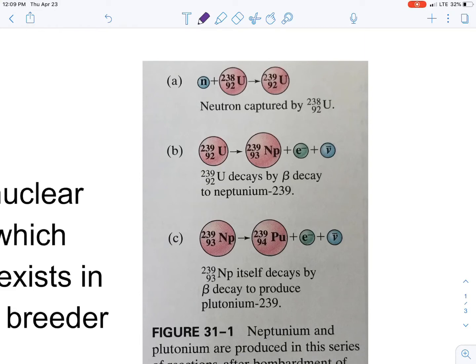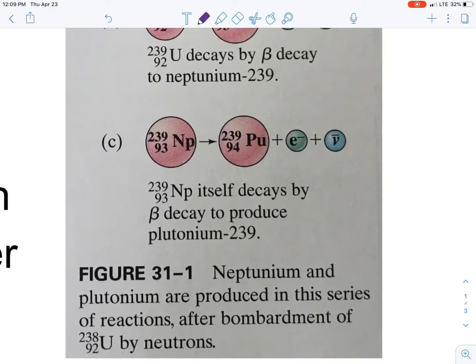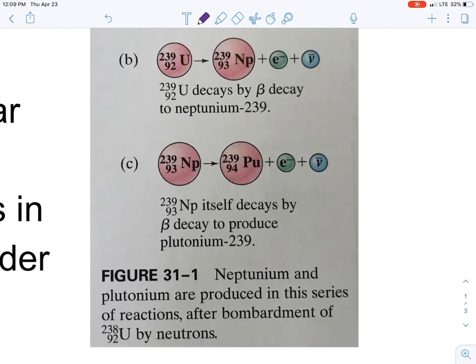Remember, 238 doesn't fizz. So it joins together and forms uranium-239. But that's not very stable. That's not a natural isotope. And so it breaks down, and I think it said 27 days. Don't quote me on that. But it breaks down and forms neptunium, which gives off an electron and some other particles there. And then that breaks down and forms plutonium.